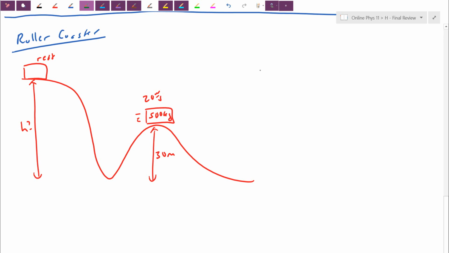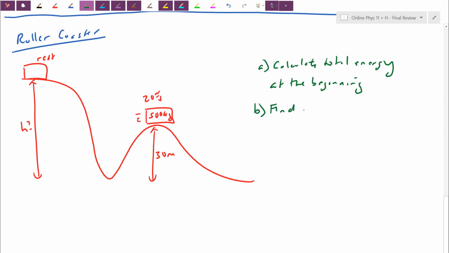Again, I'm going to give you parts A, B, and C for this question. Part A, calculate the total energy at the beginning. What amount of energy did I have to start off with? Part B, I want you to find the height of the initial hill.